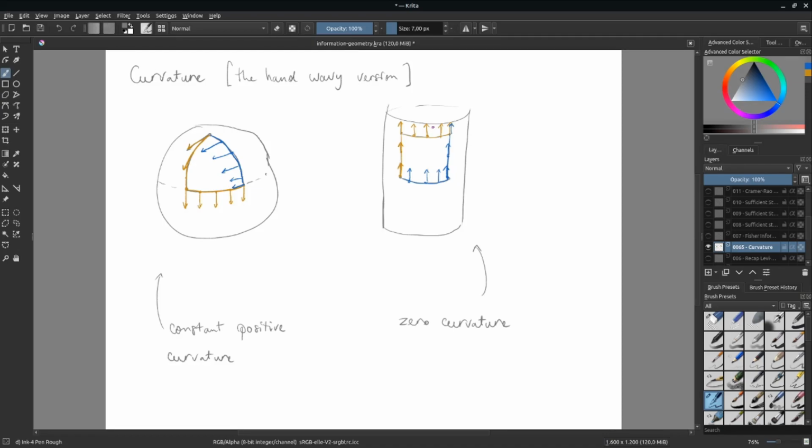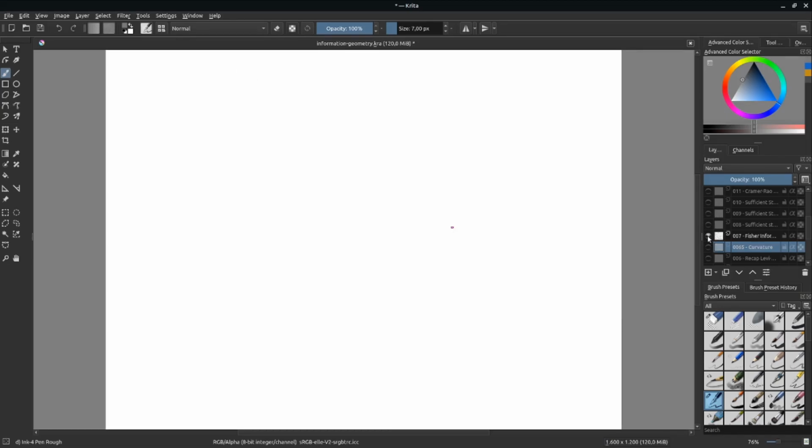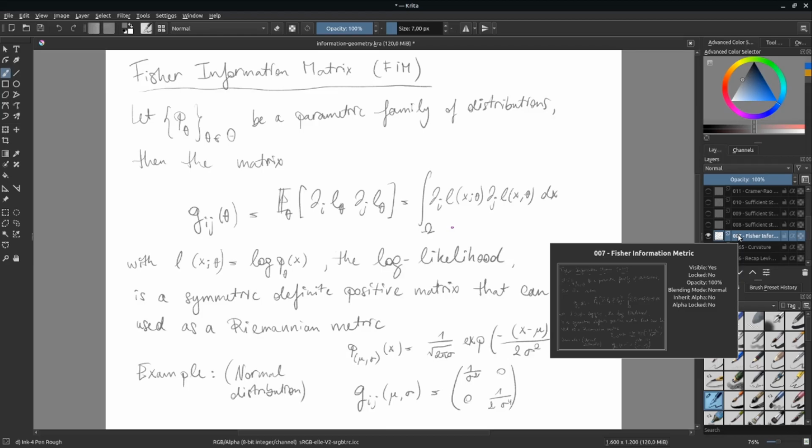An intuition for why the cylinder is flat is that you could cut it in one direction here and flatten it into a sheet. And you cannot do that with the sphere. So that's the very brief, no formulas explanation of curvature. I think it's better to keep it like this because there are quite a lot of different curvatures that you could play with, so let's leave it at that.